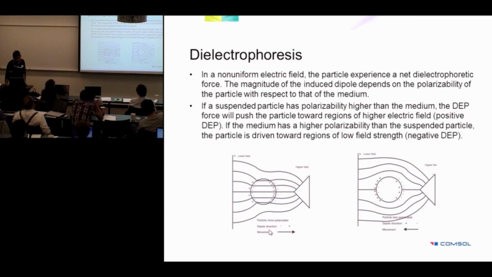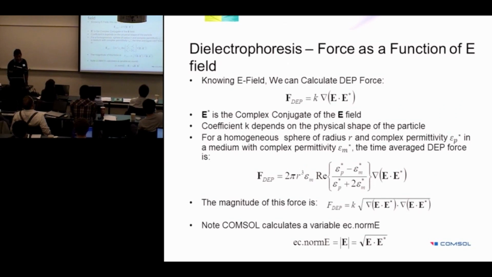You have a certain dipole formed because of the polarizability of the medium as well as that of the particles. So you could have particles moving to the higher field region, or you could have particles moving to the lower field region. So you can manipulate the medium polarizability as well as that of the particles. So you have different parameters to manipulate to move the fluids or to separate them, and you could do it in different ways. So this is what we call dielectrophoresis.